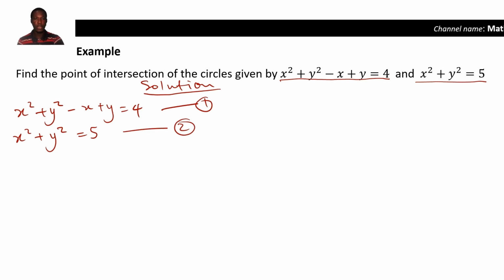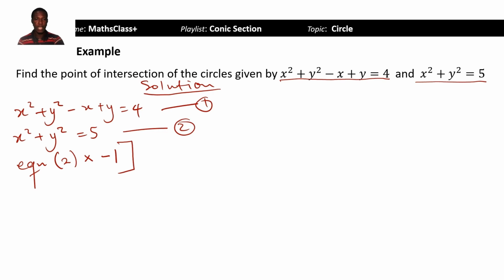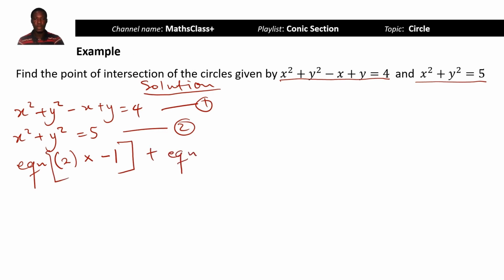Okay, now I'm going to multiply equation 2 by -1, and then the result, I'll add it to equation 1.